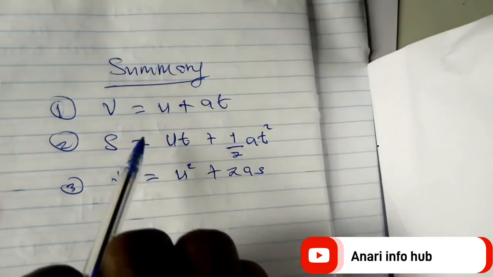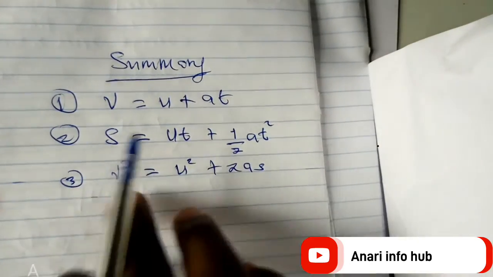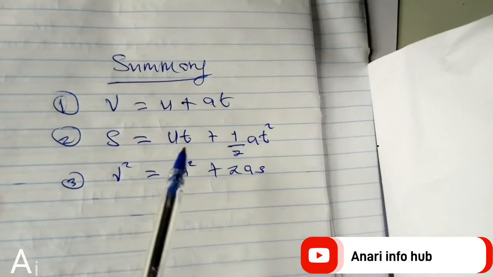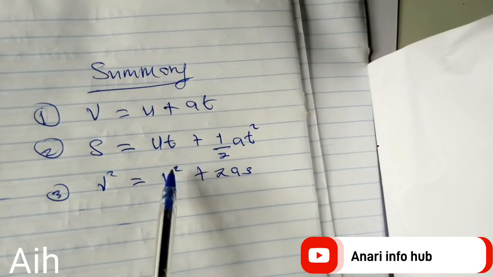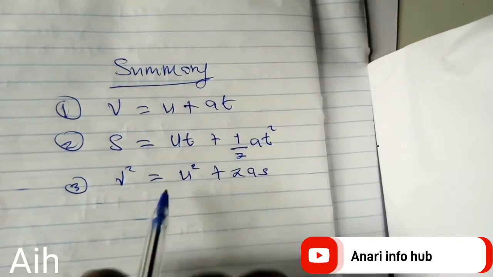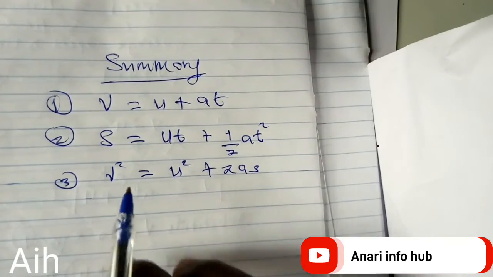These equations are very, very important, and this is mostly used when the body is not going up. When the body is not going up, it is mostly when the body is coming down, that is under gravity.